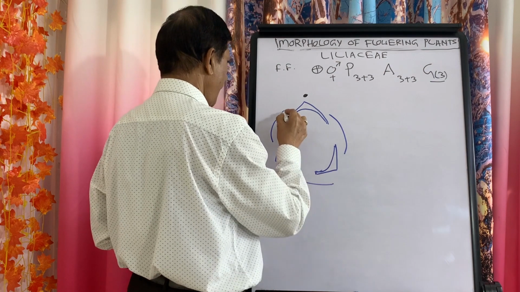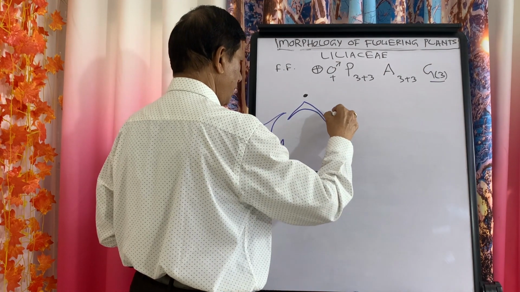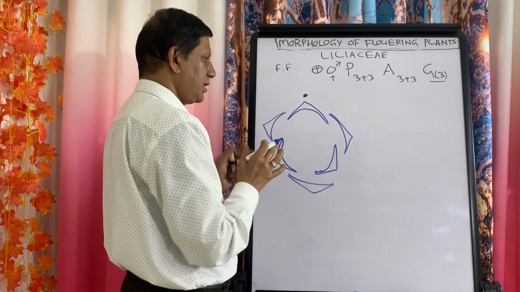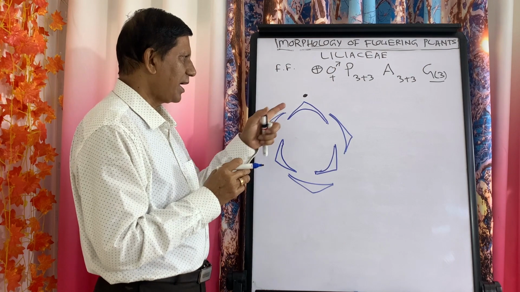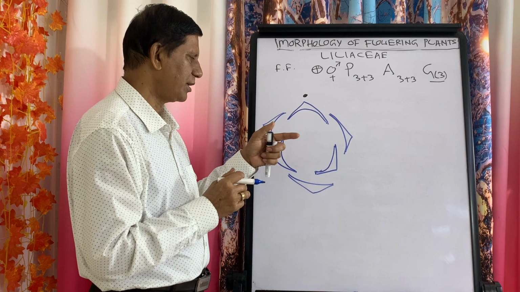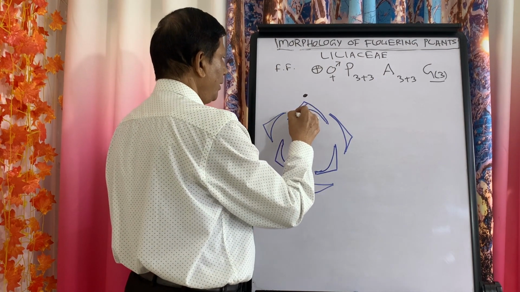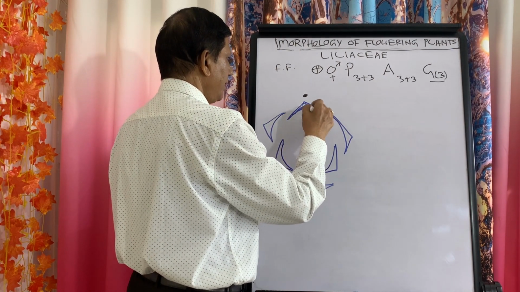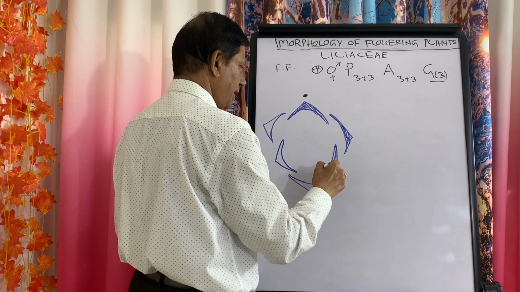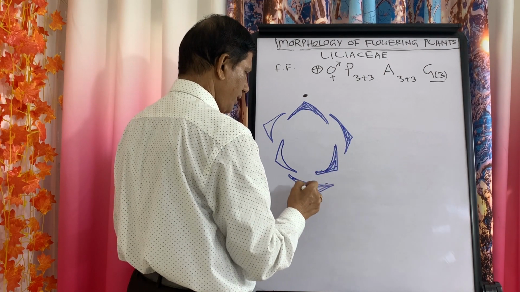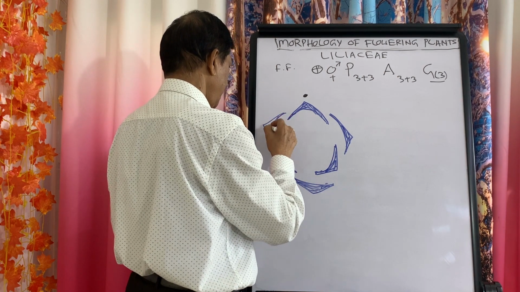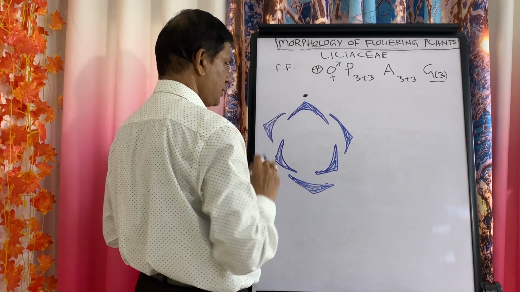This is one outer. Now, since this represents the perianth, I have drawn the structure just like that of the calyx. This structure with the pointed ends, but side by side we have to make it darken so that it represents both calyx and corolla, because perianth represents both calyx and corolla. So this is the perianth.